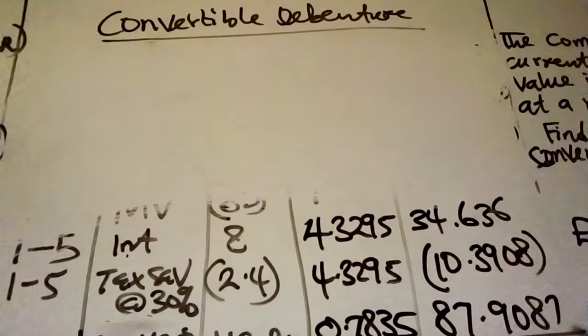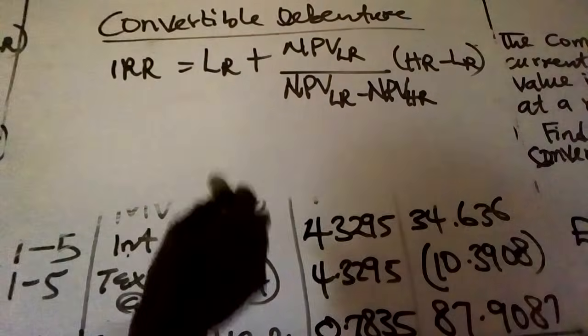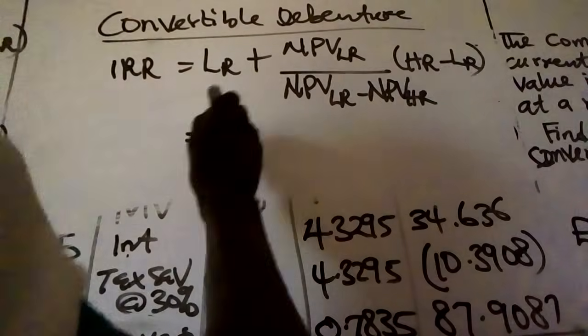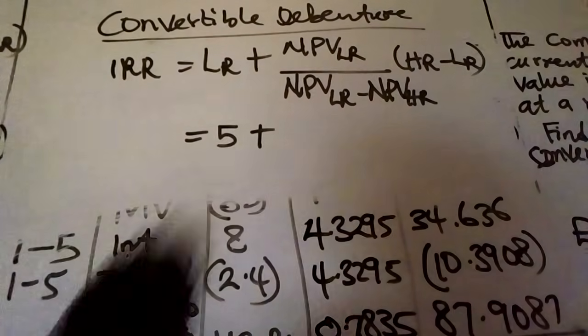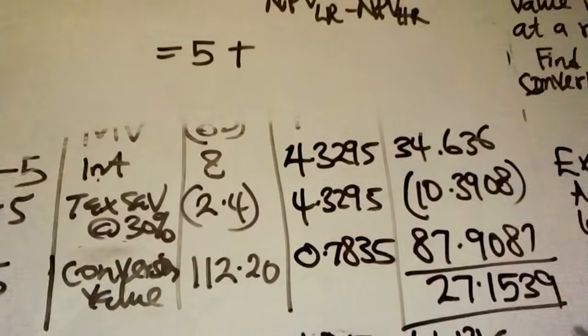IRR equals the lower rate plus NPV at lower rate over NPV at lower rate minus NPV at higher rate, into higher rate minus lower rate. Now, the lower rate we have assumed is 5%.